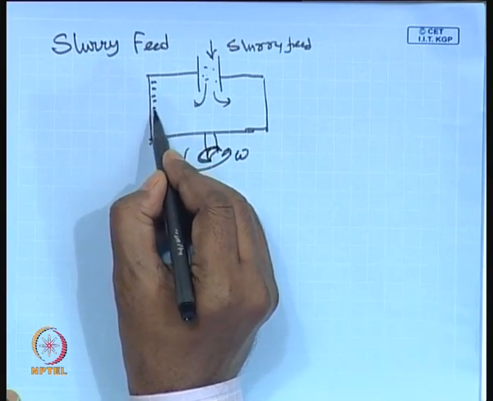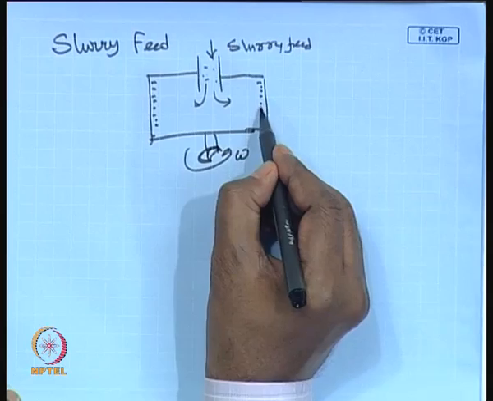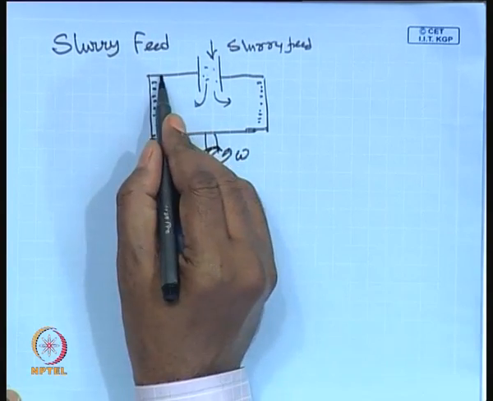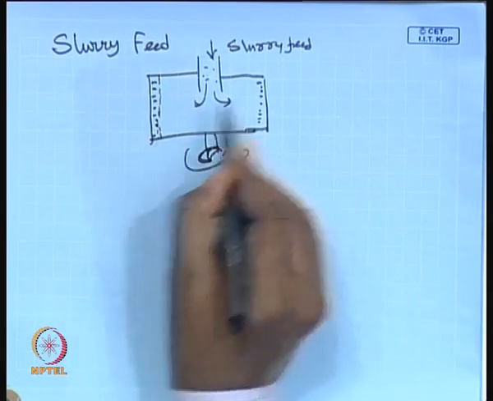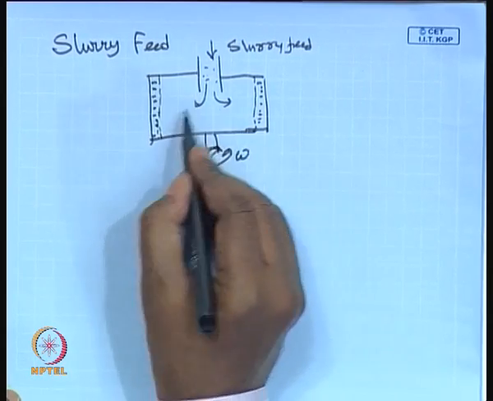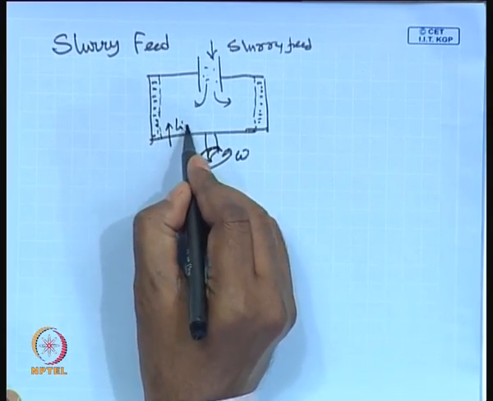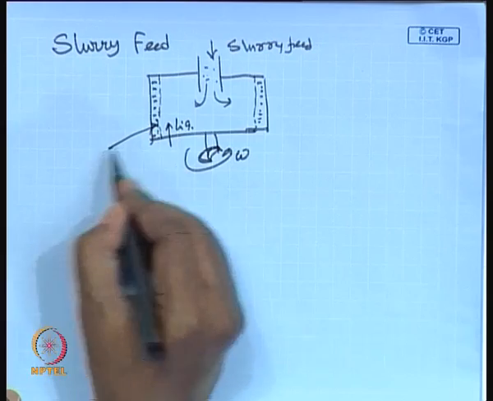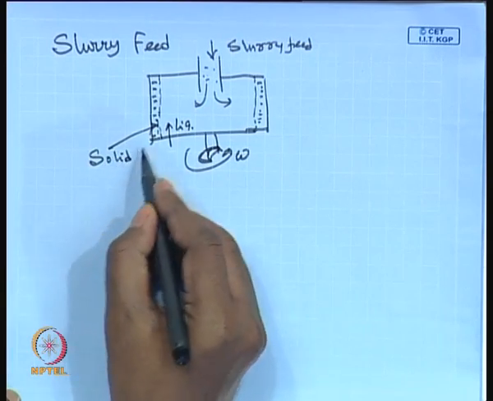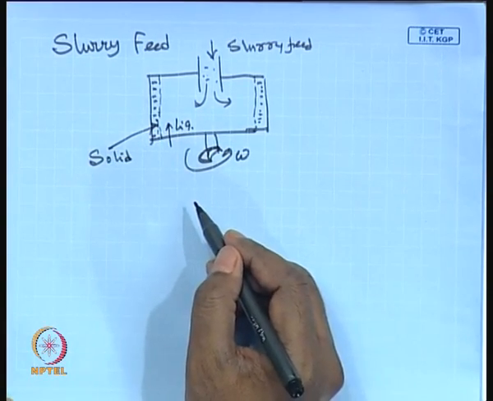Therefore, they will be depositing over the walls. Okay. So, you will be getting a layer of solid particles there, and this will be the liquid. Now, these solid particles can be separated out.